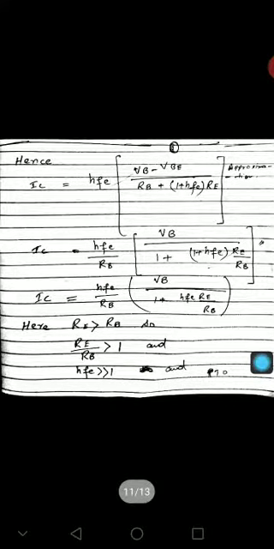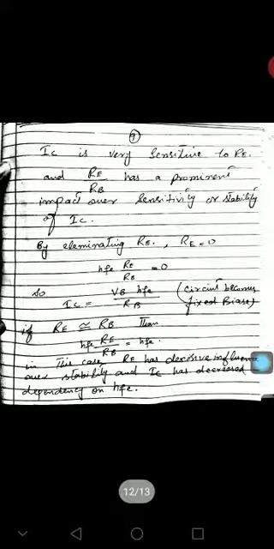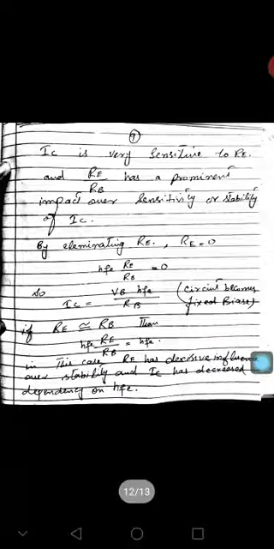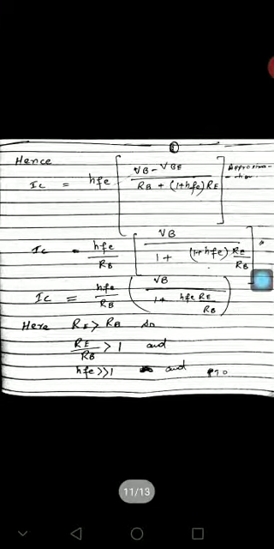So the equation becomes IC equal to HFE times VB per RB.